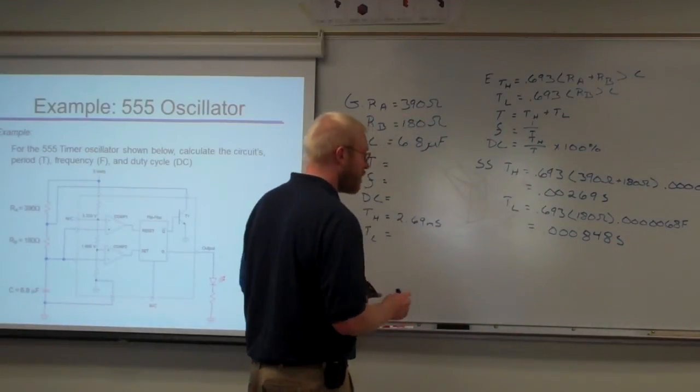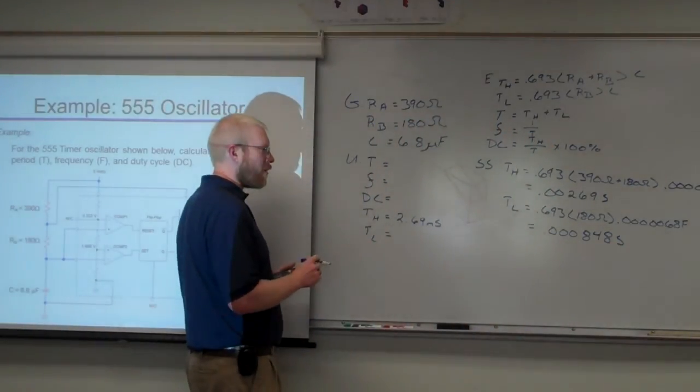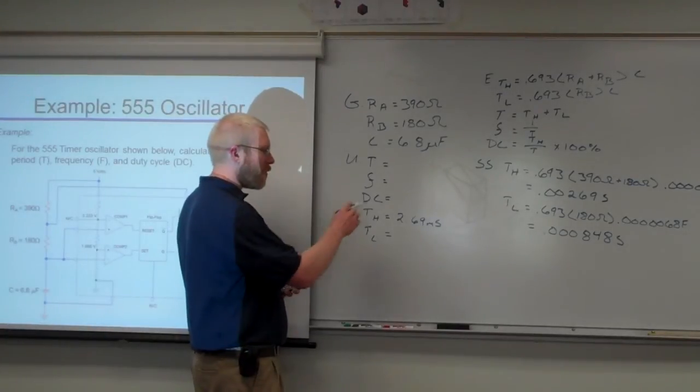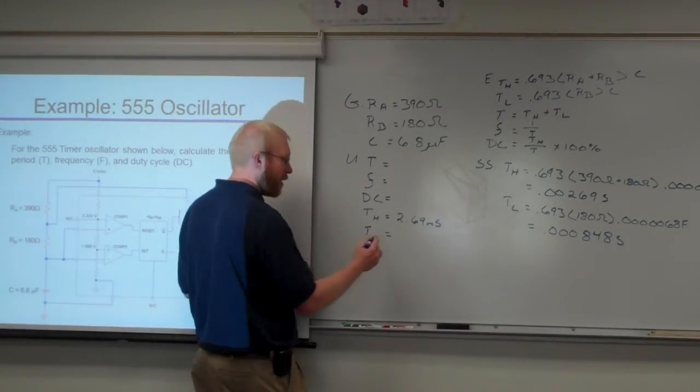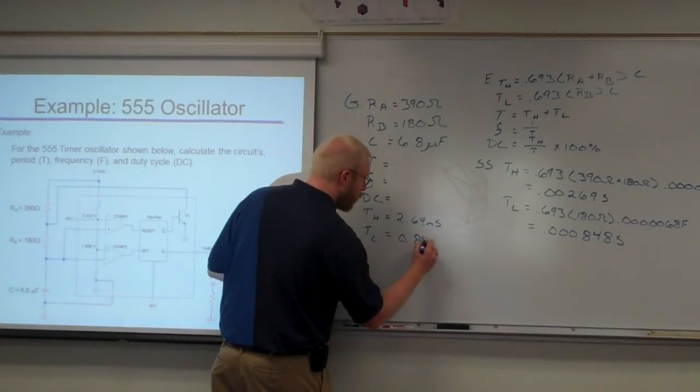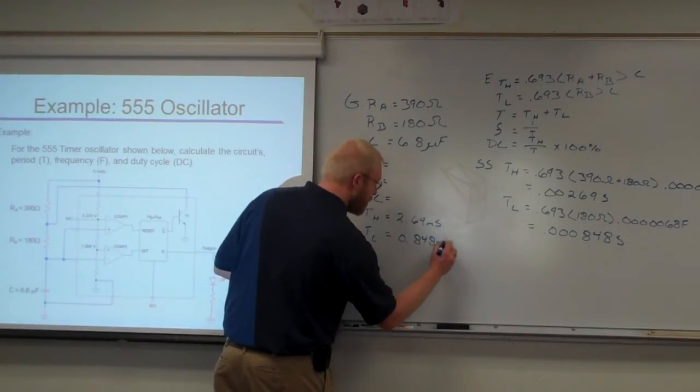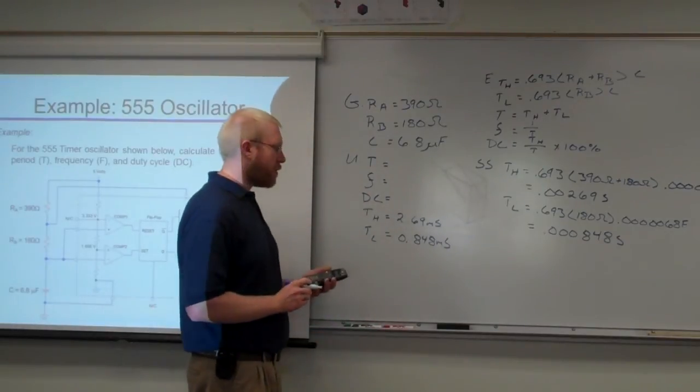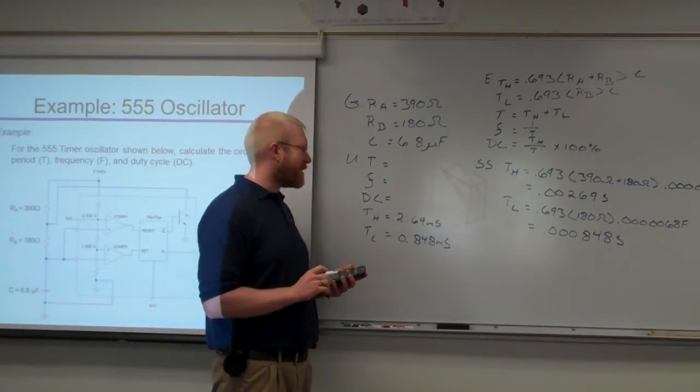Once again, I could convert that to microseconds, but I'm going to leave it in milliseconds. That way it matches up with the time high I already have. So we have 0.848 milliseconds.